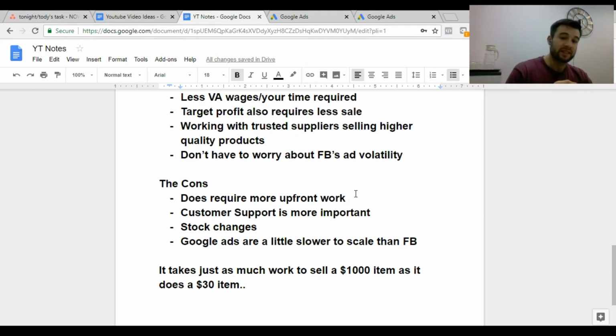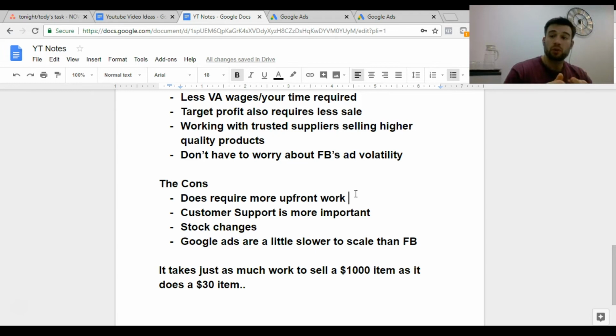The next point is customer support is more important with high-ticket dropshipping. That means you can't overlook customer support. What I mean by that is you need to have a customer email that is constantly being monitored. You should have a live chat on your website and someone on the other end to respond to customers.